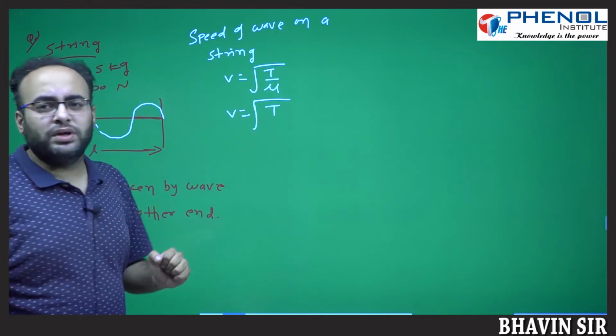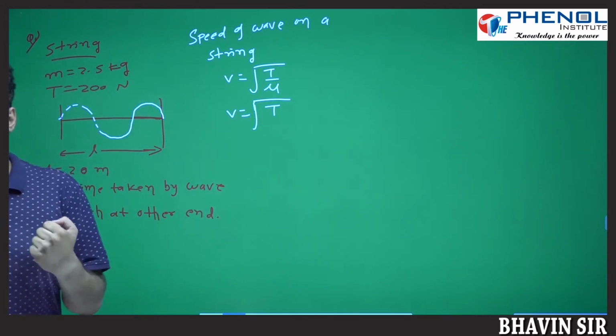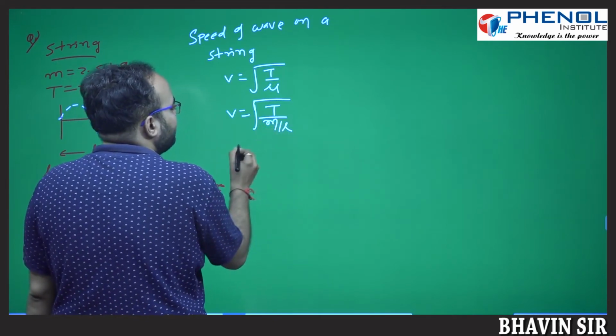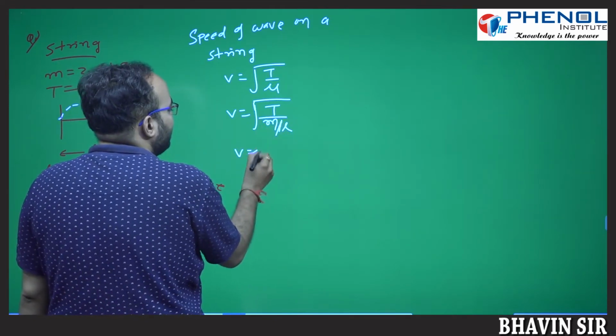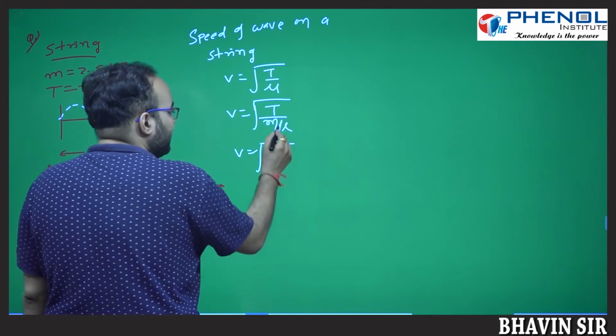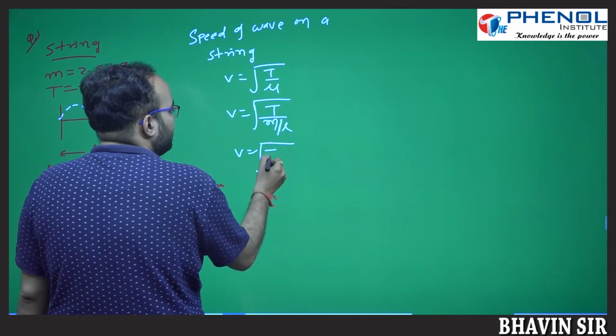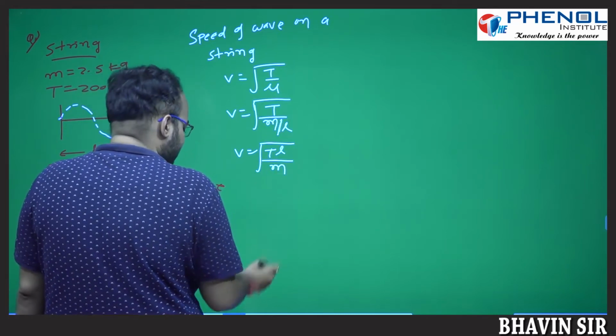But students, mu is not given. Mu is mass per unit length, so mu is M by L, and the speed becomes under root TL by M.